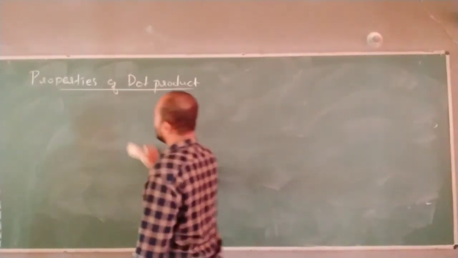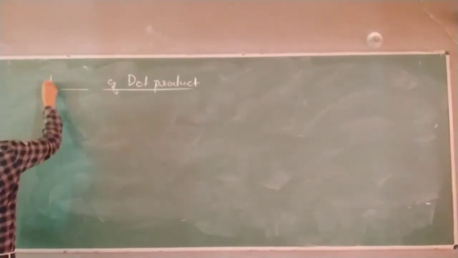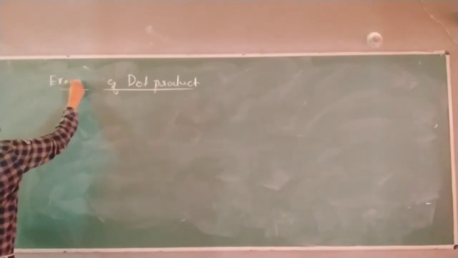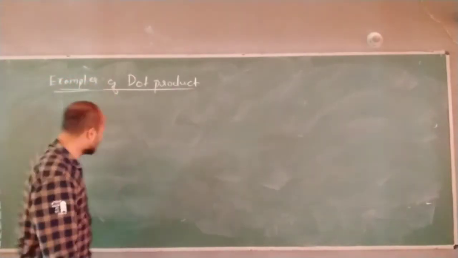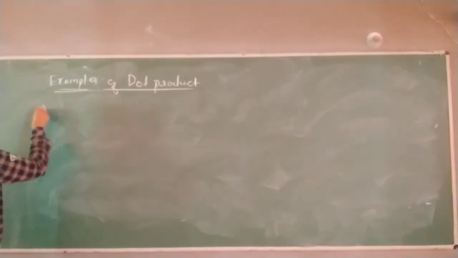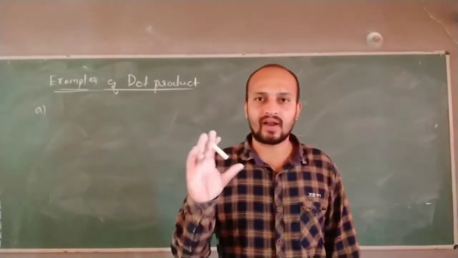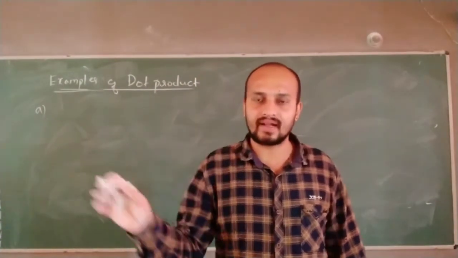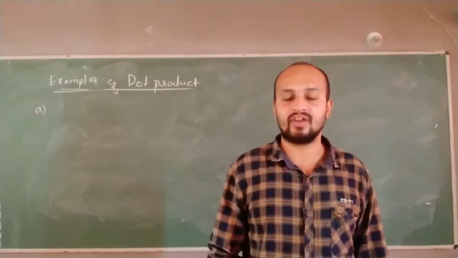Examples of dot product. Two examples I can give. One thing you know: if you multiply any two vectors and you get a scalar quantity, then any scalar quantity formula will generally be a dot product.